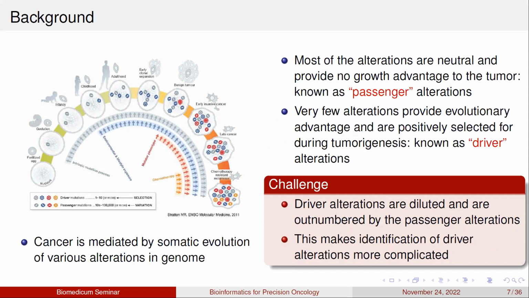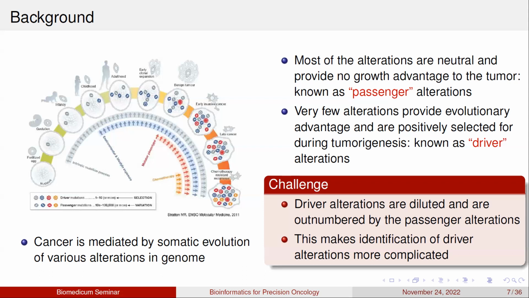it accumulates numerous alterations. It could be mutations or different structural changes in DNA. And at some point in the lifetime of the patient, some mutation might trigger cancer.